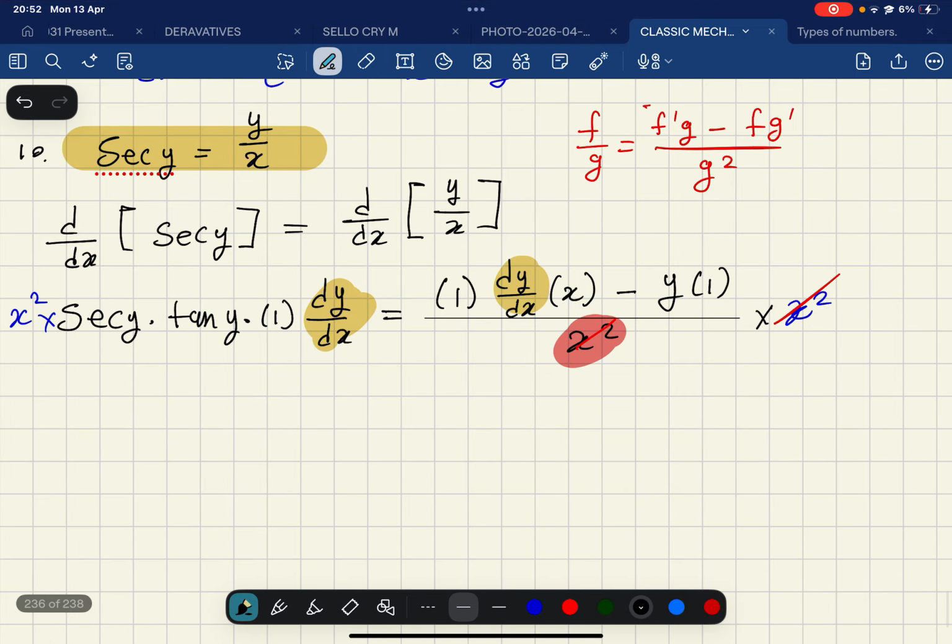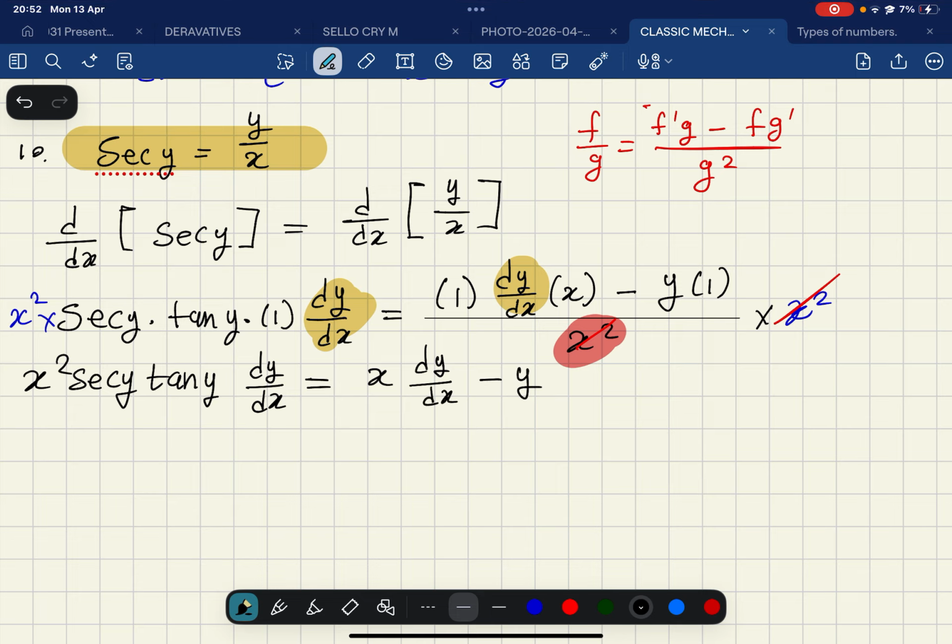So I will remain with x squared sec y tan y dy over dx, which is equal to x dy over dx minus y. From there, I can basically do what? Group these two things, put them on the left hand side.